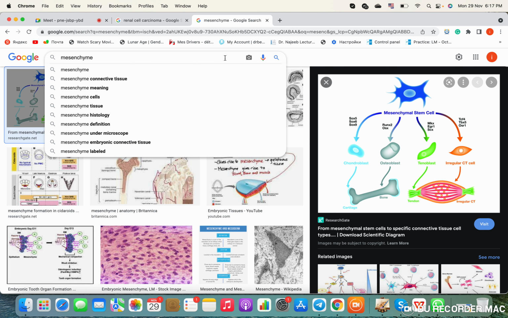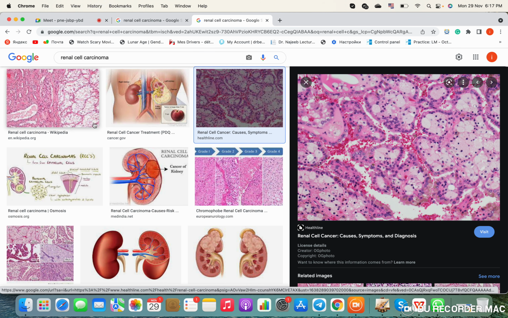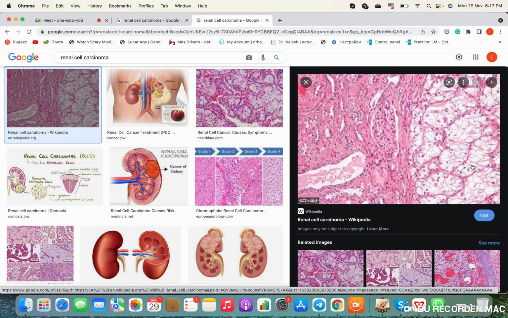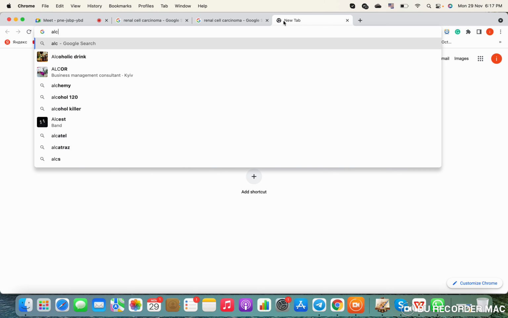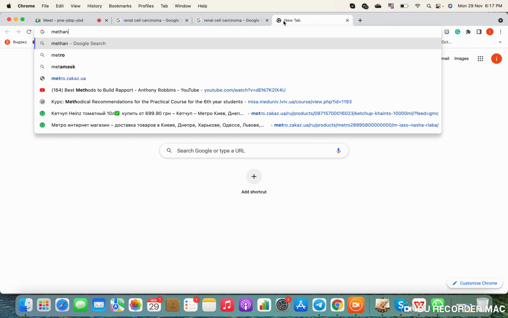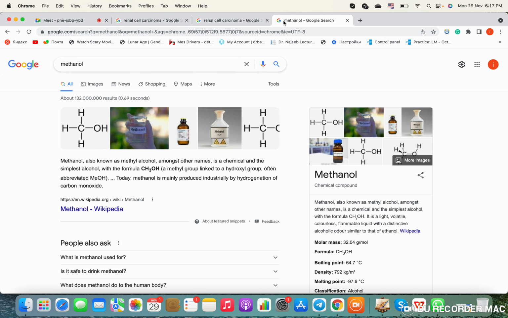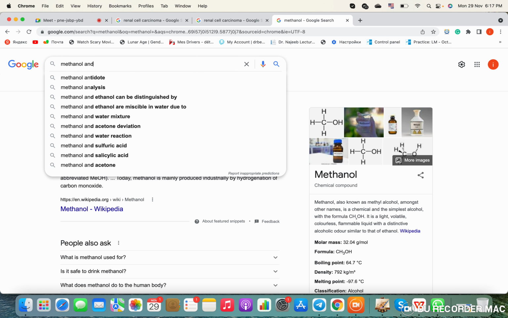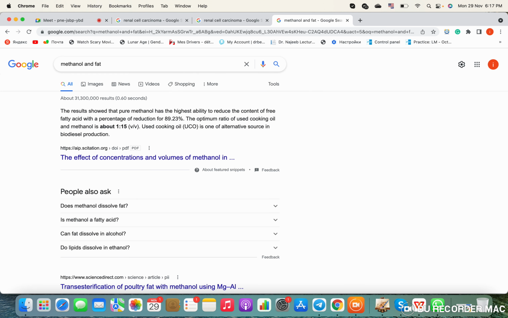Let me tell you, guys. In renal cell carcinoma, it's true. It has these clear cells that are full of lipid and carbohydrate. If you have alcohol, let's say methanol, the antiseptic, and I take that alcohol and pour it onto fat, what will happen?